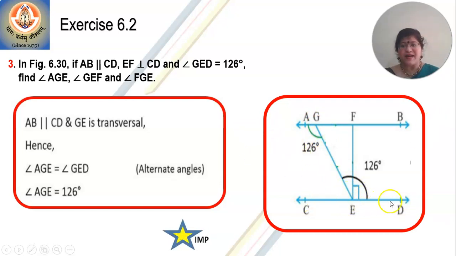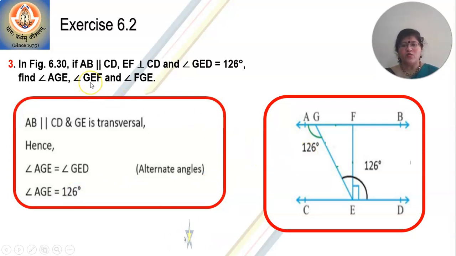Because AB is parallel to CD. So either you write the reason alternate angles, or you could also write alternate angle theorem. Because what does the alternate angle theorem say? When a transversal intersects two parallel lines, then the alternate angles are congruent. So with this we get angle AGE equal to 126 degrees.